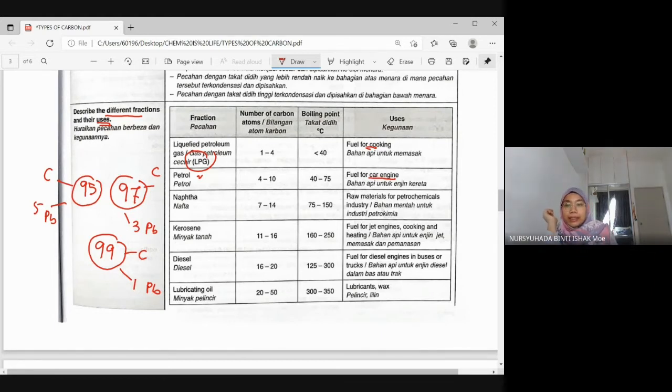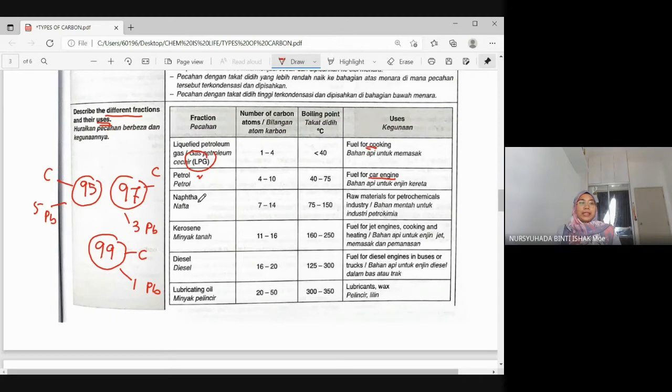Itulah beza dia. Kan dia tulis tu unleaded kan. So maksudnya 95% ni carbon, 5% je dia ada bubuh lead. Sama juga dengan 97, 99. So ini ilmu baru untuk kamu. Apa beza tiga-tiga minyak tu. Ni untuk kereta sajalah, fokus untuk kereta dengan motor.